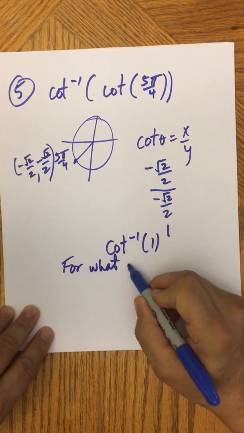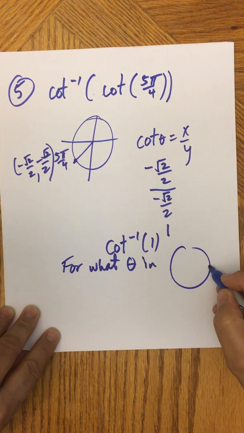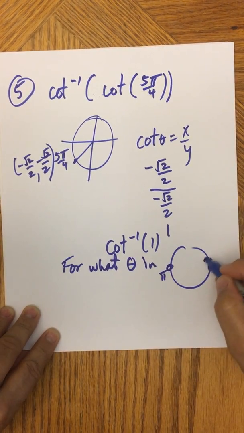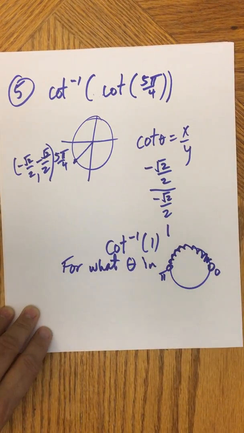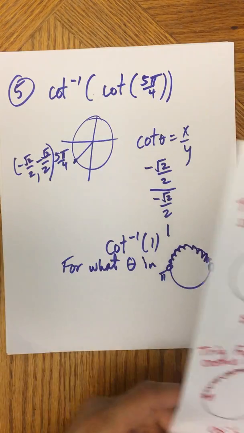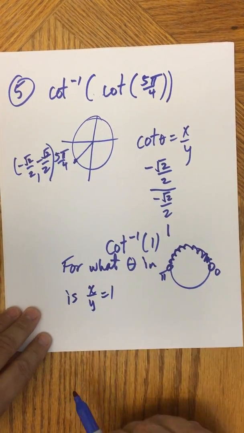Theta in, and here we go, from 0 to pi. Right, is x over y equal to 1.